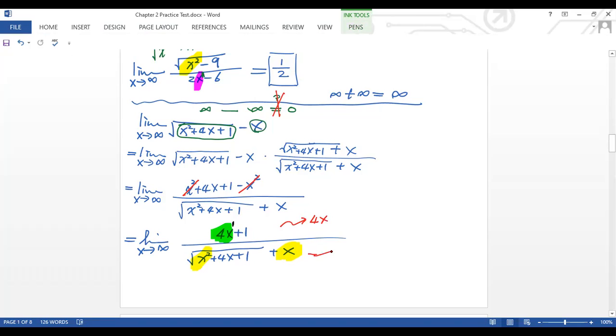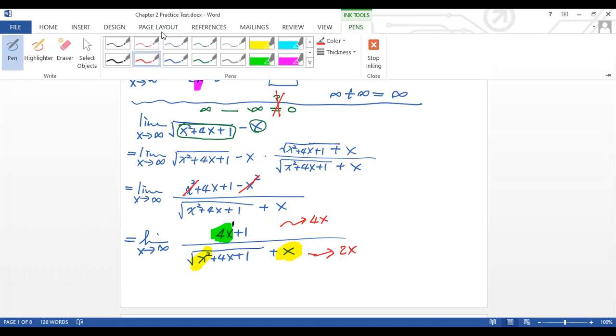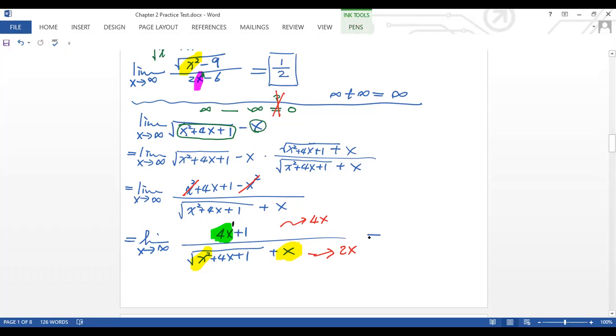Then the bottom, the dominant terms are x plus x, which is 2x. So now by using the polynomial rule, because the dominant terms and x approaches infinity, the answer will be the coefficient in front of it. So it's 4 over 2. It's 2.